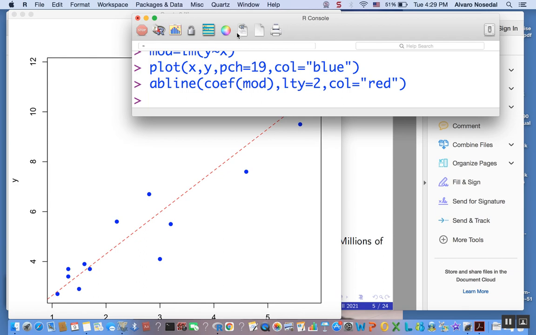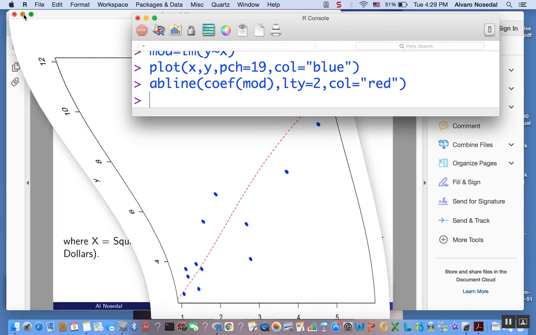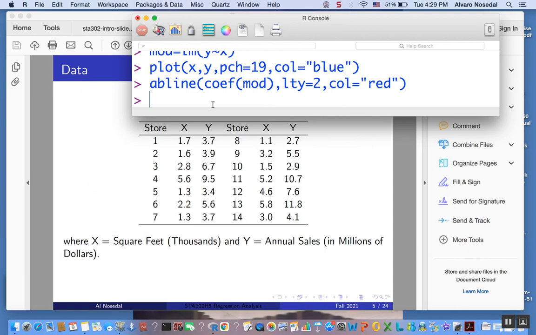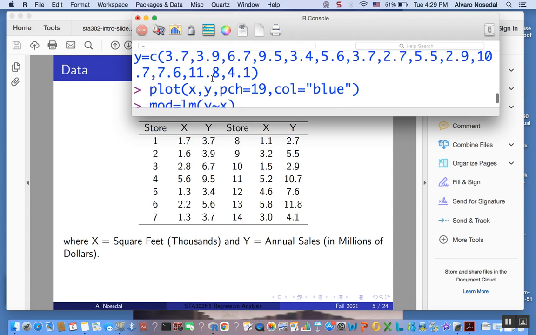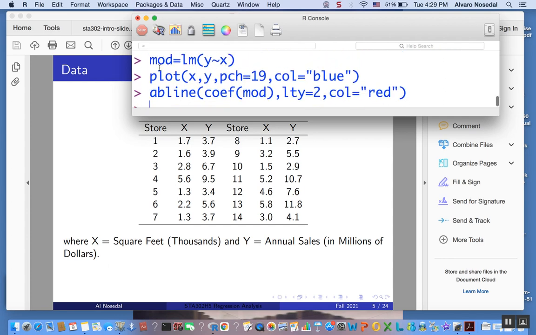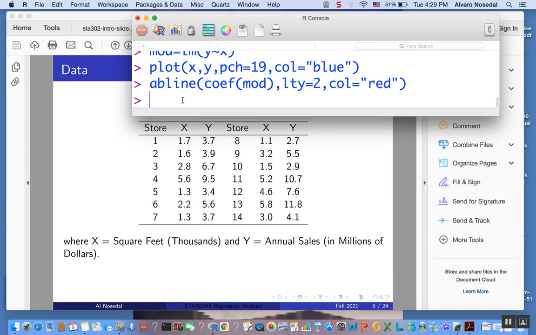Let's try to assess linearity with a residual plot. So we already have our data here, x and y. We already have our model, our linear model. It's a classical regression model.